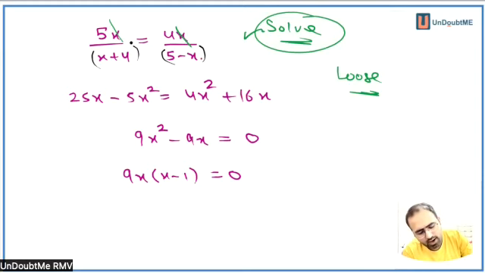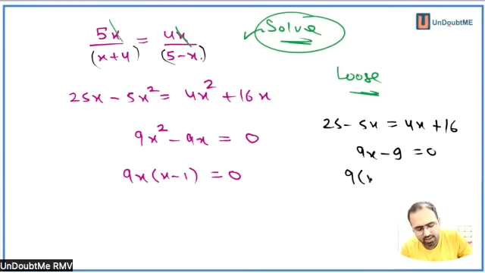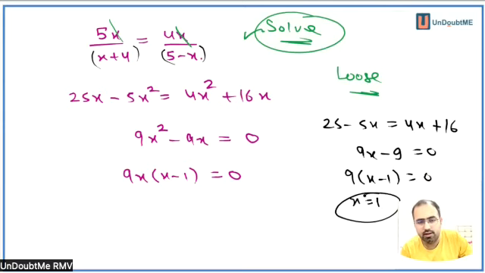How? After cancelling the x's, if I just multiply the brackets, I'll get 25 minus 5x is equal to 4x plus 16. And that will give me 9x minus 9 is equal to 0. And you can see that I have got just one answer, x is equal to 1. The reason for this is we earlier cancelled x from both the sides.